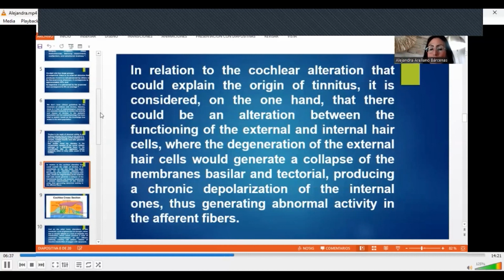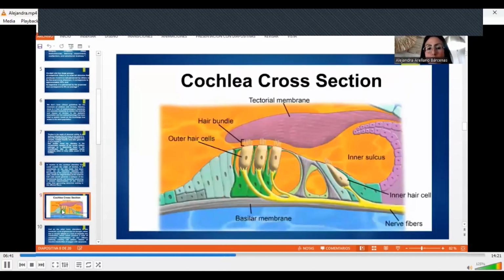And talking about this cochlear alteration, I would like to show you this picture.